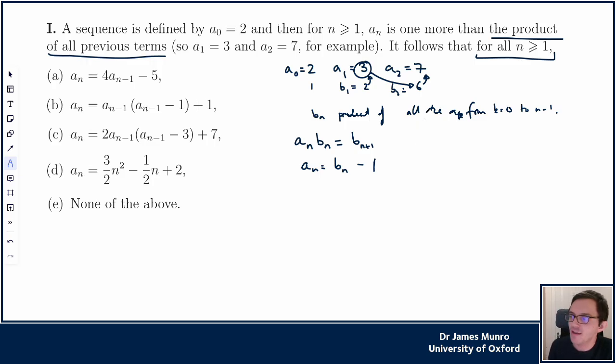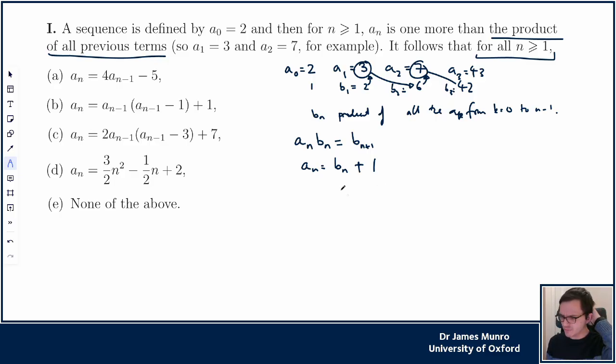Okay, so my plan, I think, is to calculate these by going something like, if you know A and you know B at some value of n, then multiply them together, 42. That gives you the next value of B, and then subtract 1. One more, whoops, should have been a plus down here, 43 for A3. And then keep going. So that's sort of my strategy.